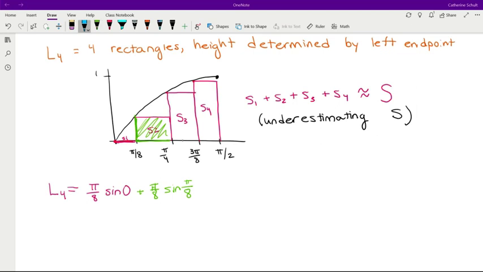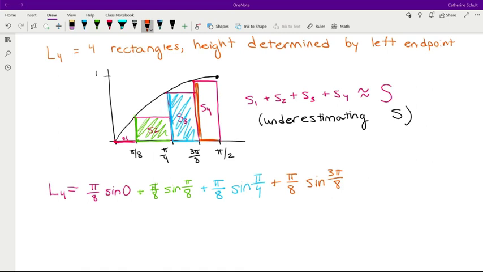Okay, and then we have the third rectangle, so the width is pi over 8, and the height is sine of pi over 4. And then finally, I forgot to shade it in. Finally, our fourth rectangle, we have the width times the height, which is sine of 3 pi over 8. And, you know, we could throw that in our calculator and we could figure out that estimation for S.